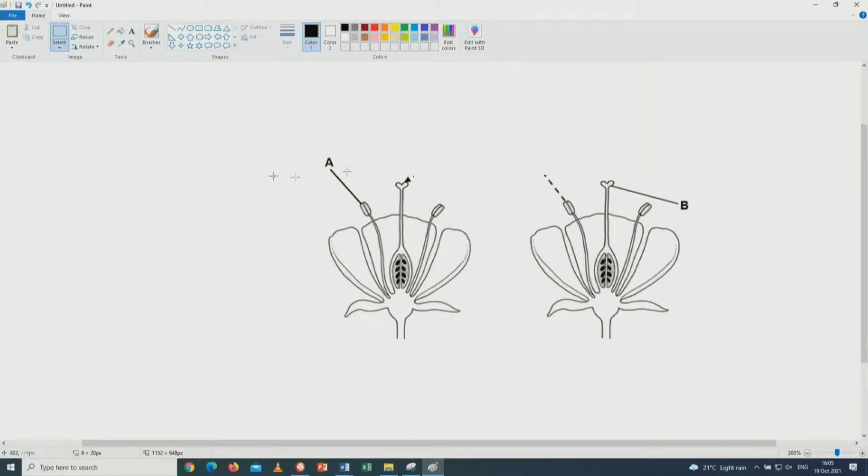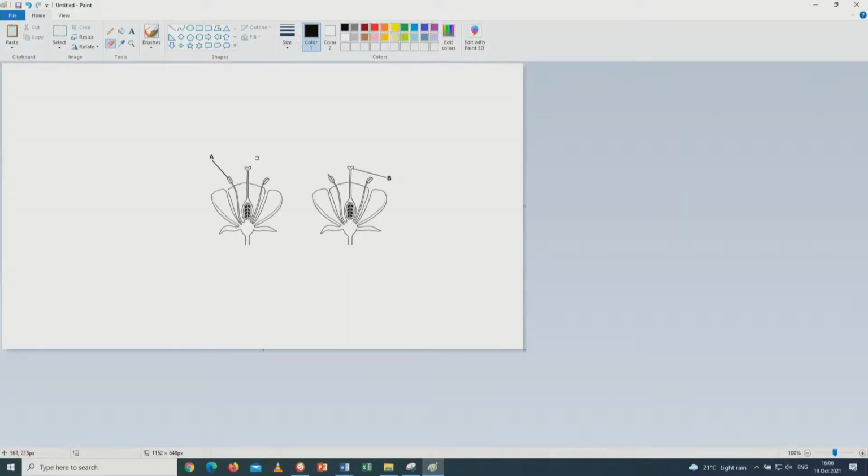Up to there, I can use the select delete function. But the smaller things, I must go to my eraser, and now I can erase smaller things. And because my diagram is so enlarged, when I make it smaller, you won't even see that the B and that line was erased.